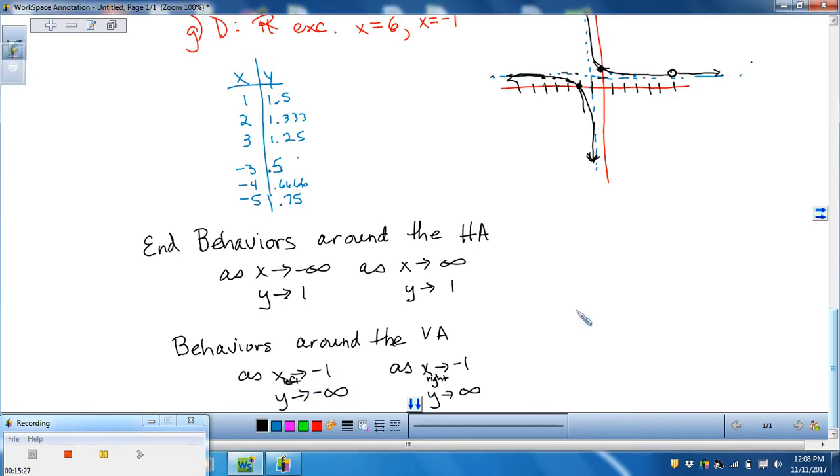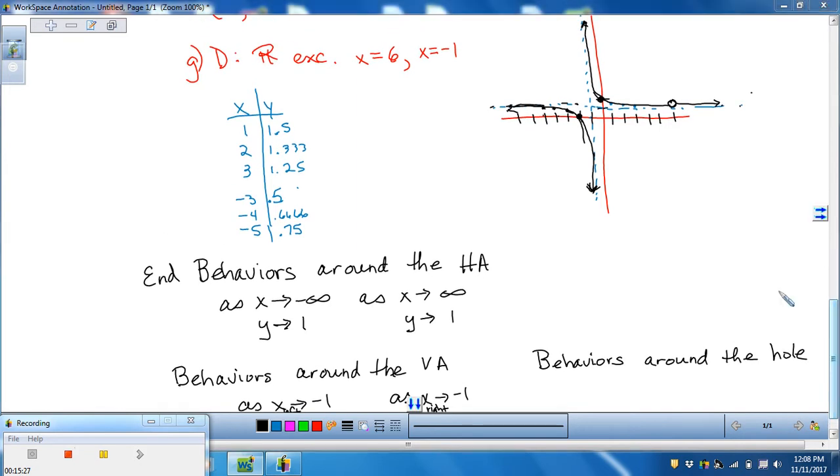So finally, let's talk about the behaviors around the hole. Our hole was at 6, 8/7.